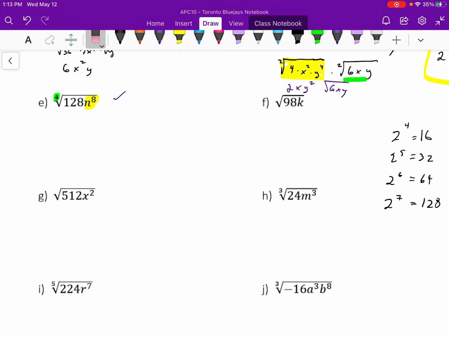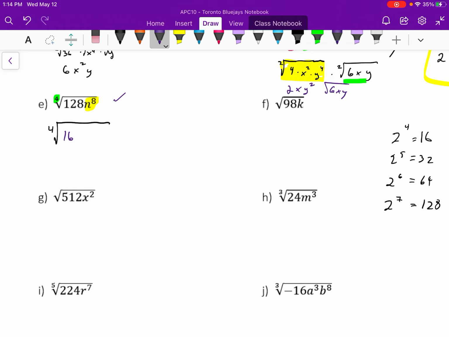What I'm going to do is simply this. I am going to rewrite all the things that I can take the 4th root of. And what I get is 16 times 8, which is 128, times n to the power of 8.